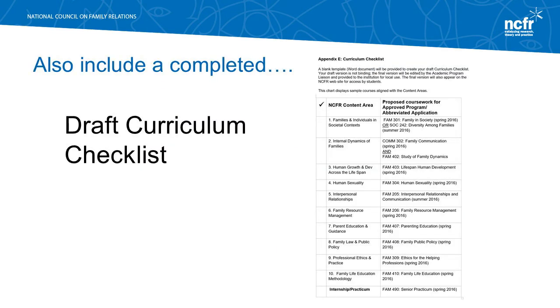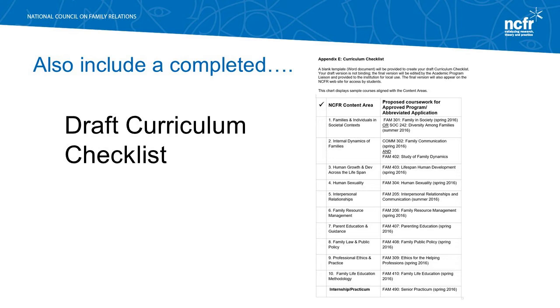Also included in a complete application would be a draft curriculum checklist. In the directions and guidelines document, towards the latter pages of that document, there is something that is called Appendix E, curriculum checklist. And actually it is your first effort to draft what the final form of the checklist will be like.